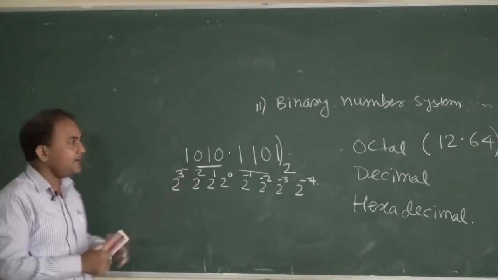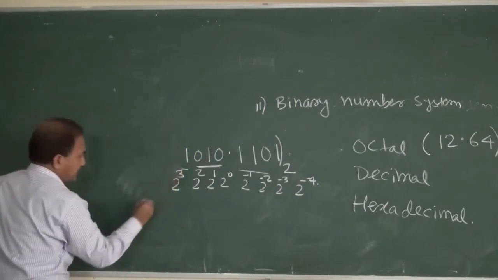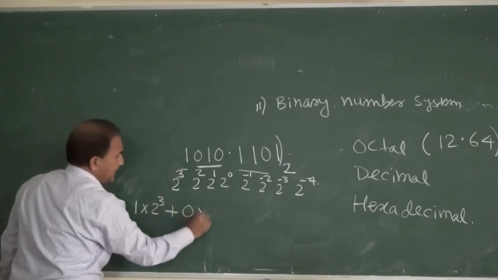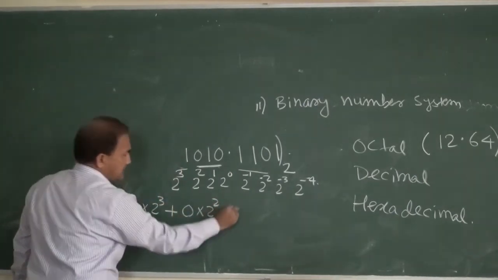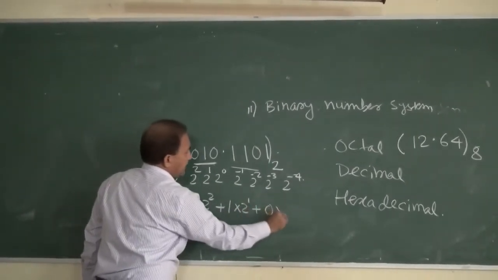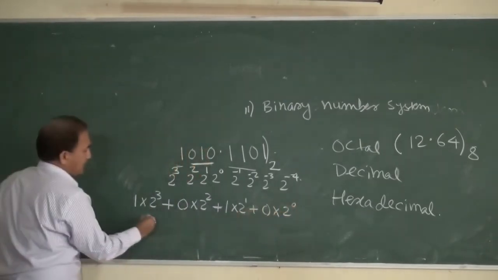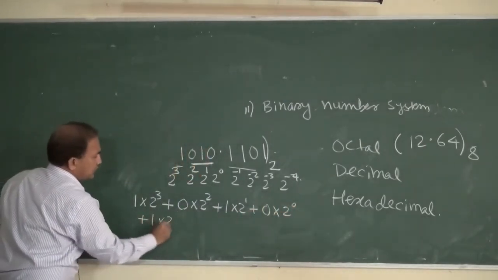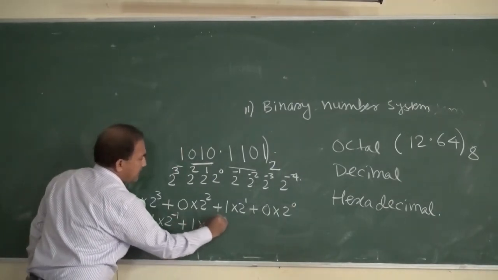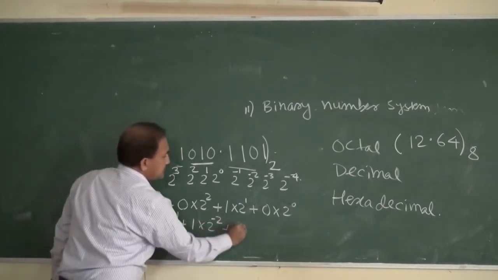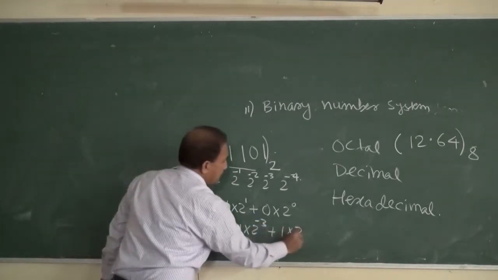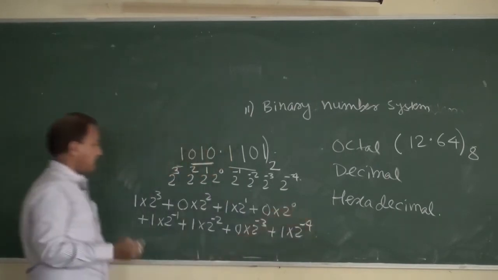Positional value. Okay. Then it is 1 times 2 to the power 3 plus 0 times 2 to the power 2 plus 1 times 2 to the power 1 plus 0 times 2 to the power 0 plus 1 times 2 to the power minus 1 plus 1 times 2 to the power minus 2 plus 0 times 2 to the power minus 3 plus 1 times 2 to the power minus 4.